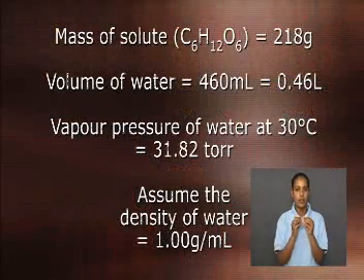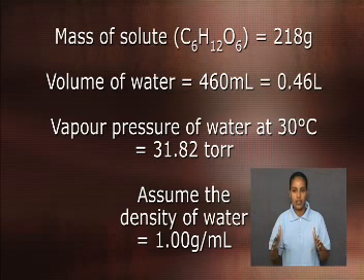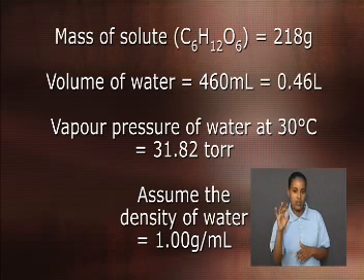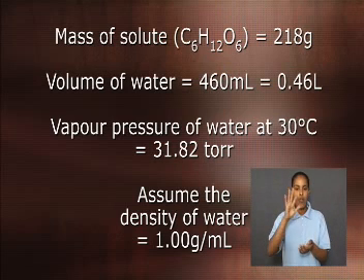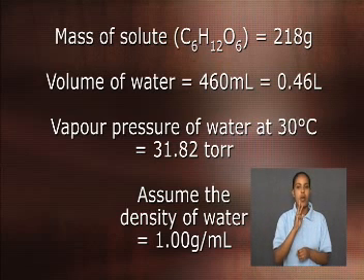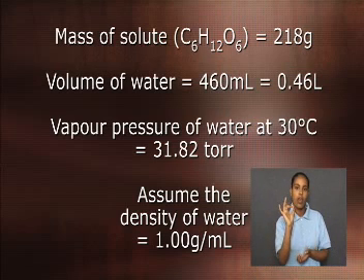Calculate the vapor pressure of a solution made by dissolving 218 grams of glucose in 460 milliliters of water at 30 degrees Celsius. The vapor pressure of water at 30 degrees Celsius is 31.82 torr.